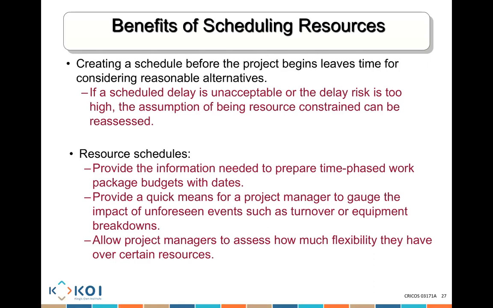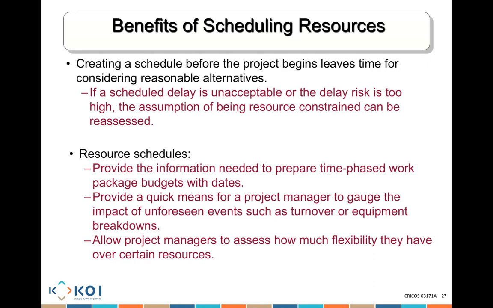So when you create the resource allocation, you'll have the information to create what we call a time phased work package budget with dates. How much money I need at every period of time.